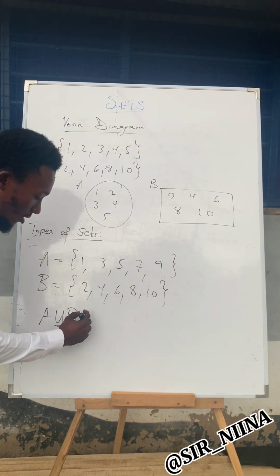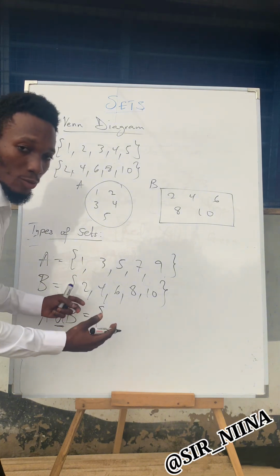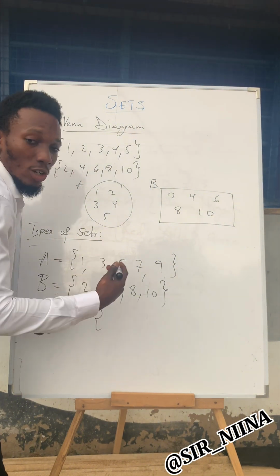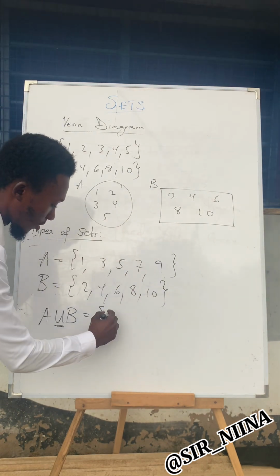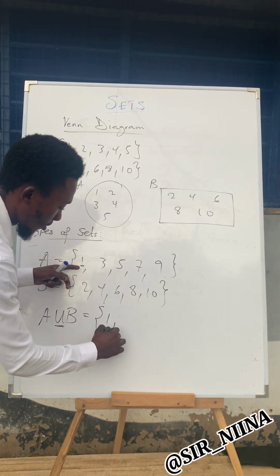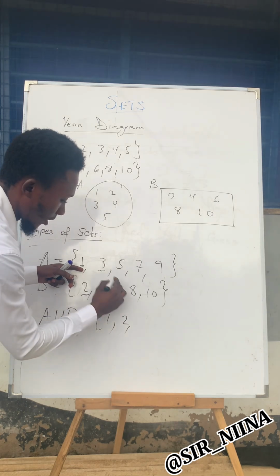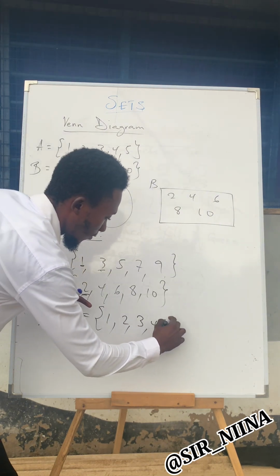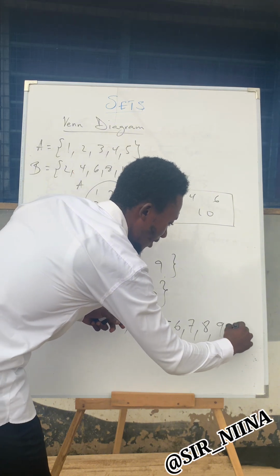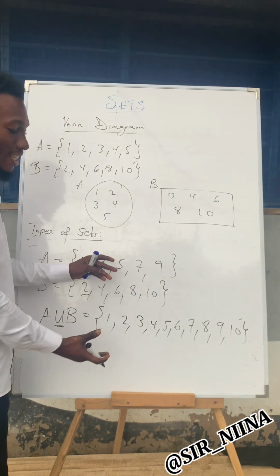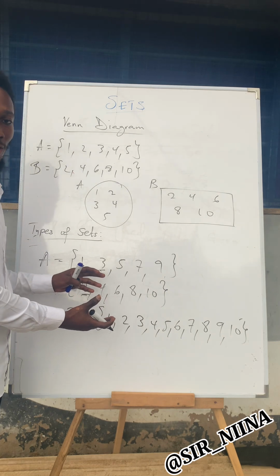We put them together, arranged in order of magnitude, ascending, from the lowest to the highest: 1, 2, 3, 4, 5, 6, 7, 8, 9, and 10. We've united these two sets.